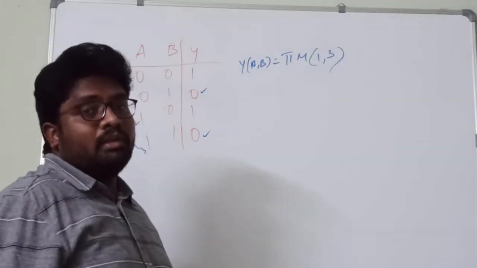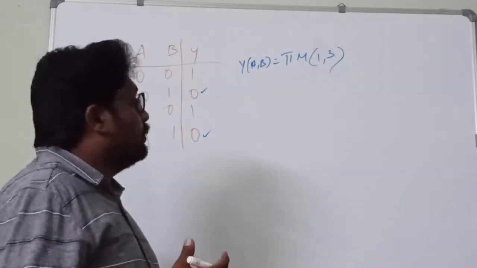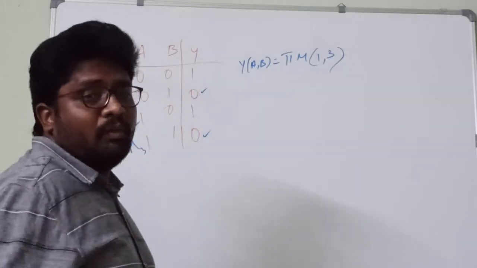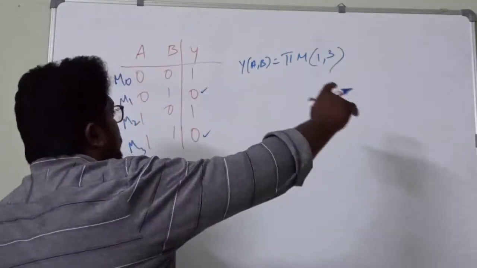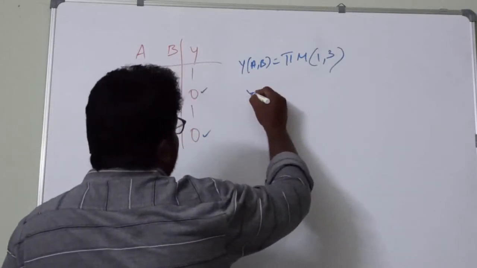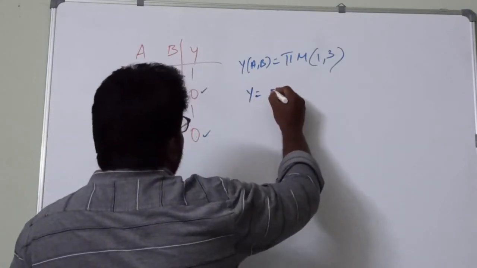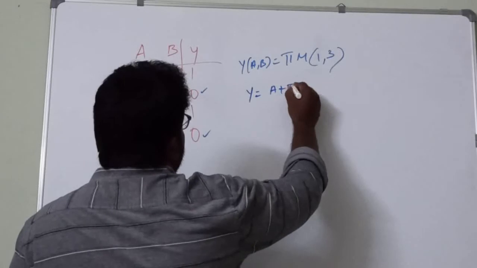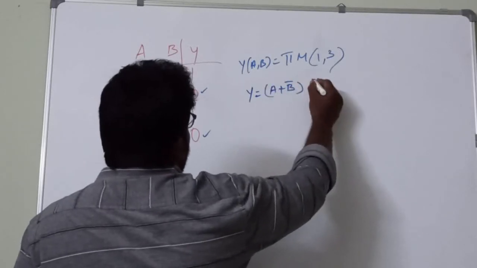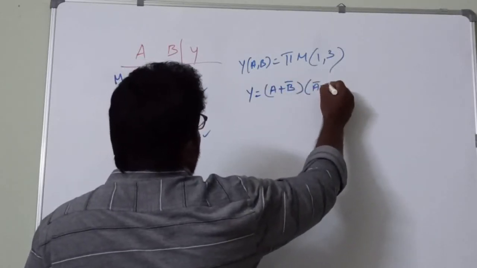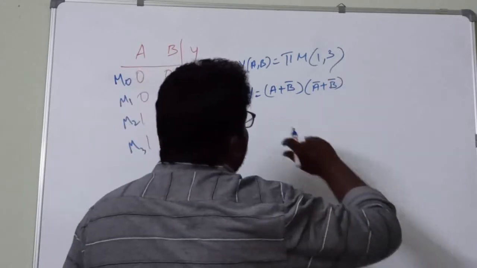So then we will be using the low outputs for performing the POS operation, right? So the expression for this will become y is equal to A plus B complement into A complement plus B complement.